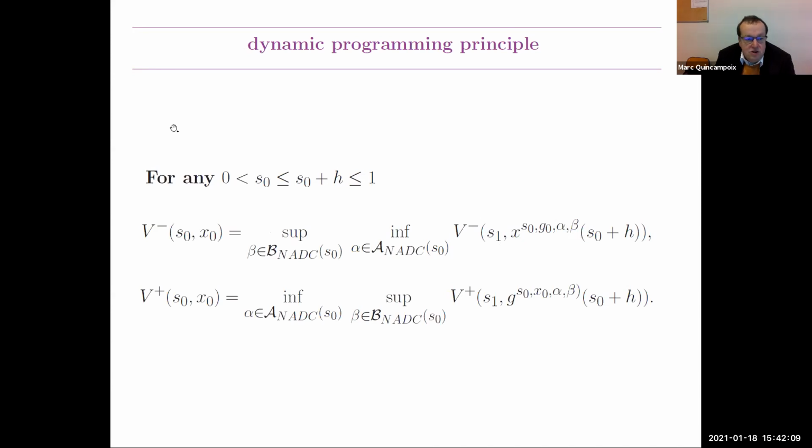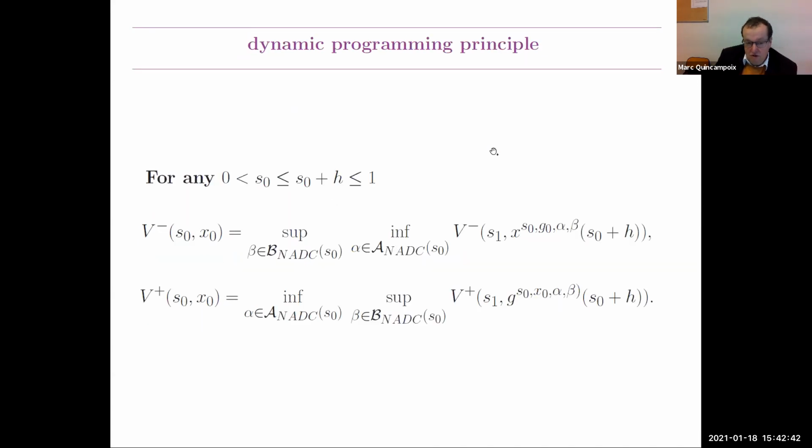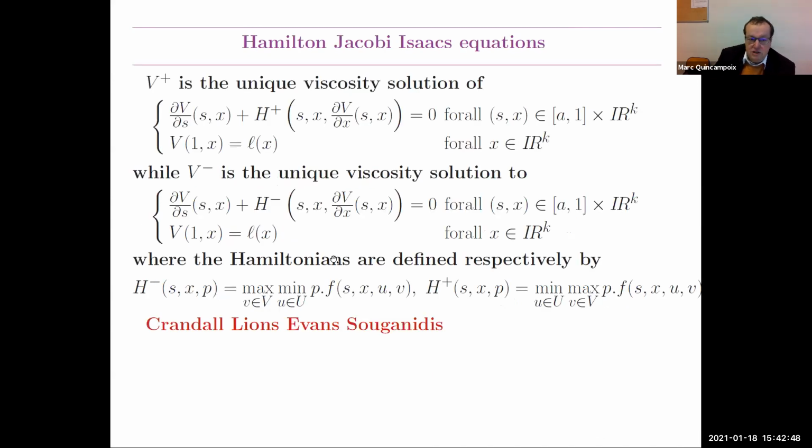So we have a dynamic programming principle, and formally, passing the two members on the same side of the equality and dividing by H, it should make the derivative of V1 appear with respect to the two variables, as H tends to 0. And in fact, it is formally the case, and it is the continuous infinitesimal version of the dynamic programming principle. It is what is called the Hamilton-Jacobi-Isaacs equation.